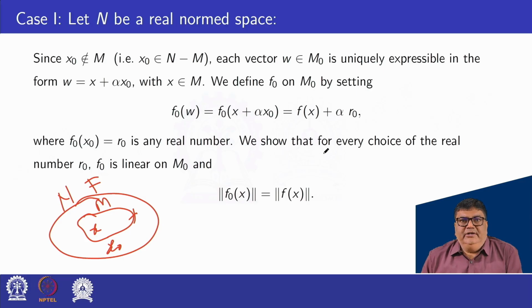We show that for each choice of the real number r0, f0 is linear on M0, and norm f0 is equal to norm f.